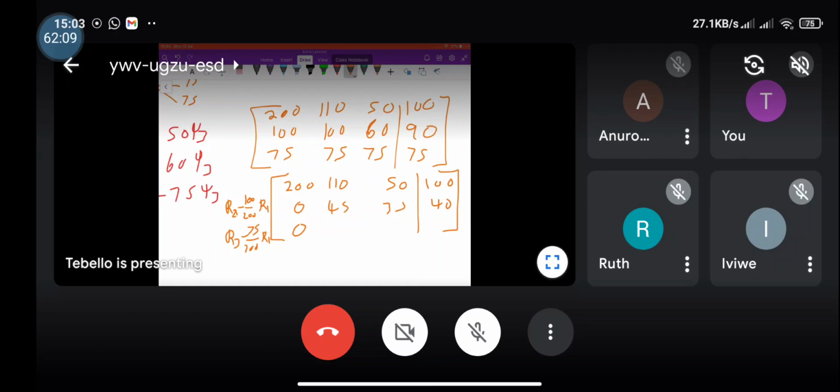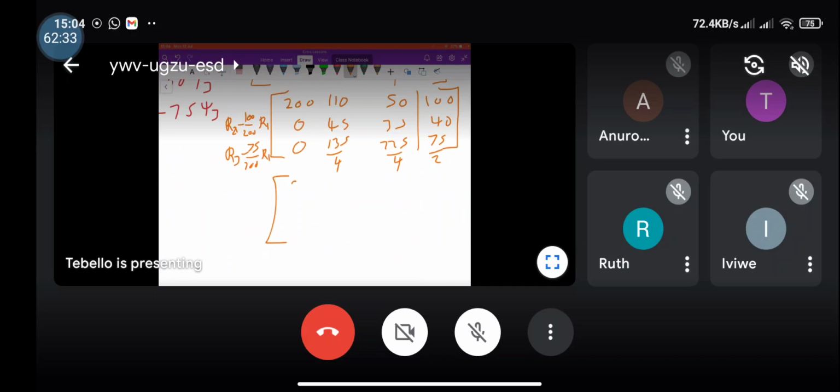It's going to be 135 over 4, 225 over 4, 75 over 2.